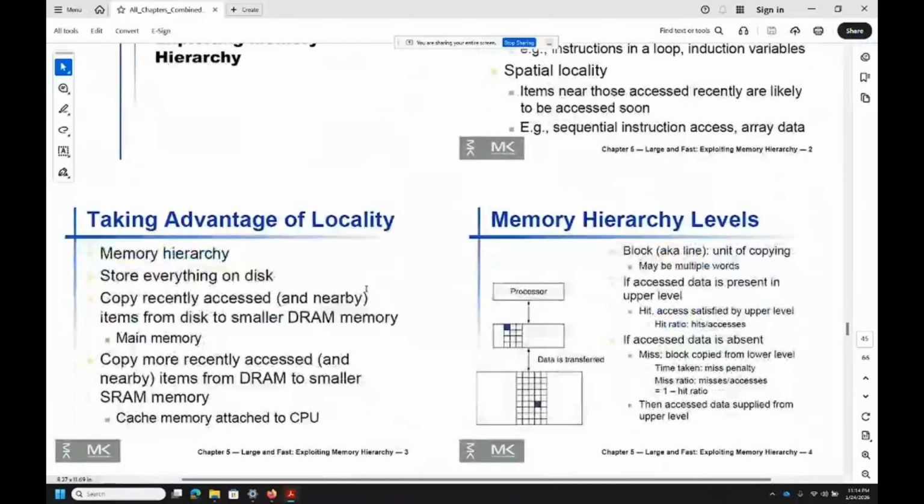So we create a hierarchy, we store everything on the disk, and we copy recently accessed and nearby items from the disk to the smaller DRAM memory, which is the main memory. We copy more recently accessed and nearby items from the DRAM memory to the smaller SRAM memory, which is a cache memory that's attached to the CPU.